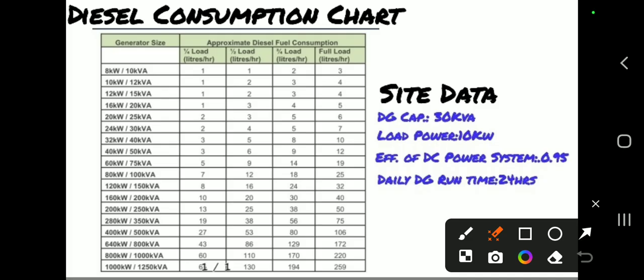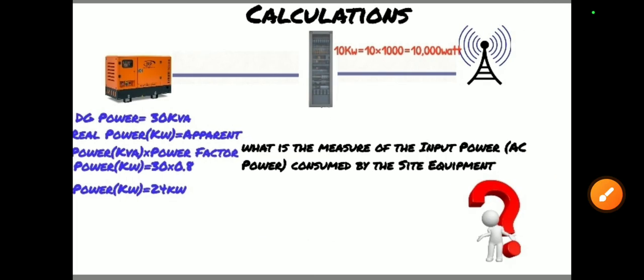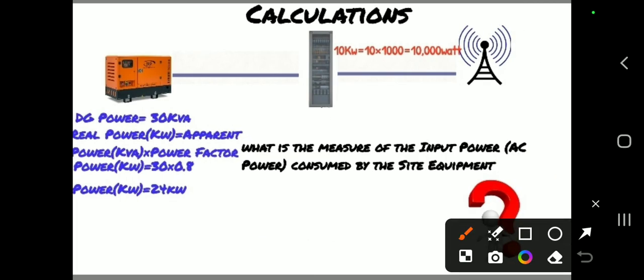Now we can go ahead to see the topology of the site. As it is here, the DG power is 30 kVA, which is the capacity of this generator. To express kVA in kilowatts, we multiply the 30 kVA by the power factor, since real power is equal to apparent power times power factor.